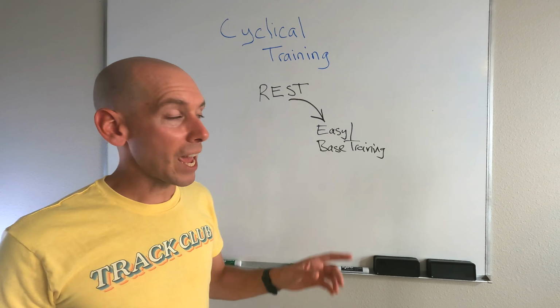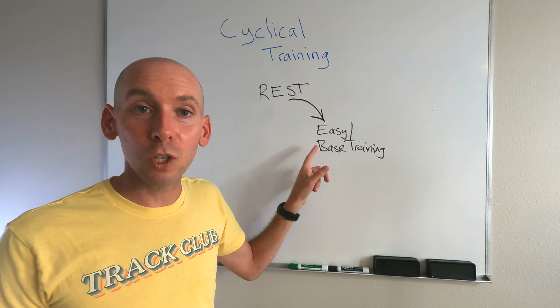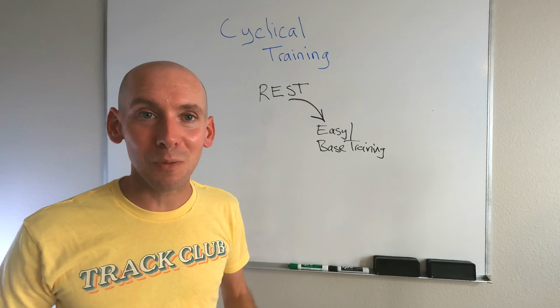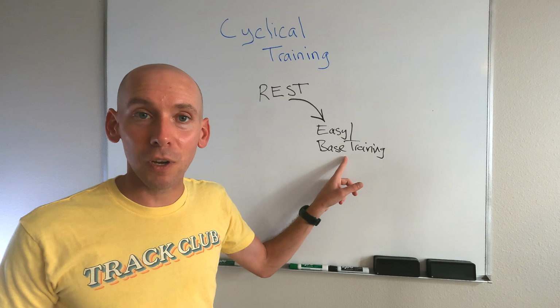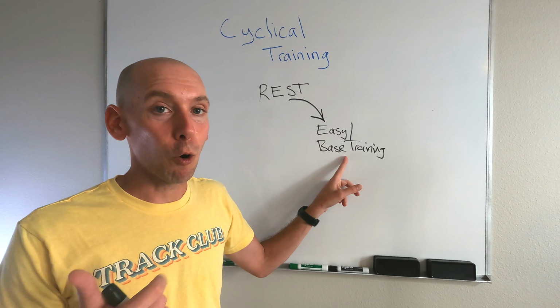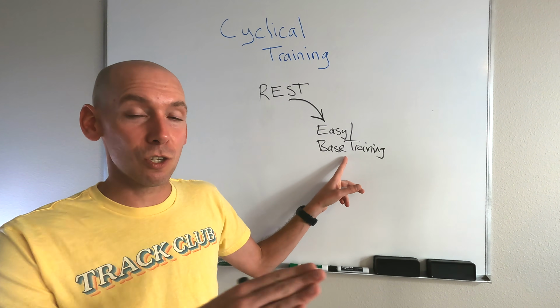And as you get into some more substantial base training, the real goals are building your aerobic metabolism, building your aerobic fitness or your endurance. We typically want to focus on increasing our mileage. We want to focus on aerobic workouts, so that's tempo or lactate threshold and slower.